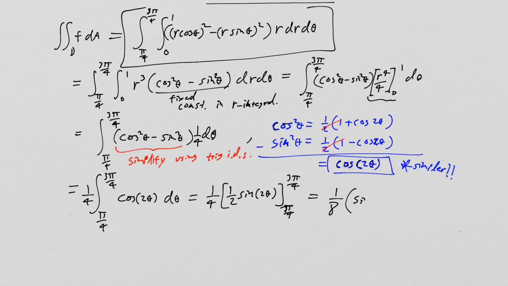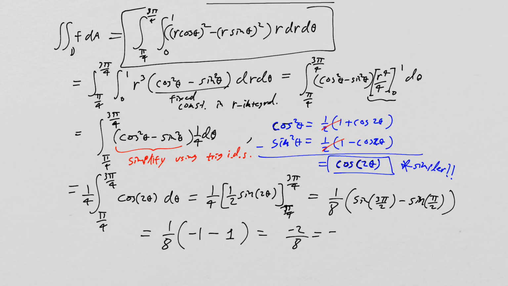And then we're going to have a sine 3 pi over 2 minus sine pi over 2. Okay. So the sine of 3 pi over 2 is -1, minus the sine of pi over 2, which is just 1. So what we have here is -2 over 8, otherwise known as -1/4.